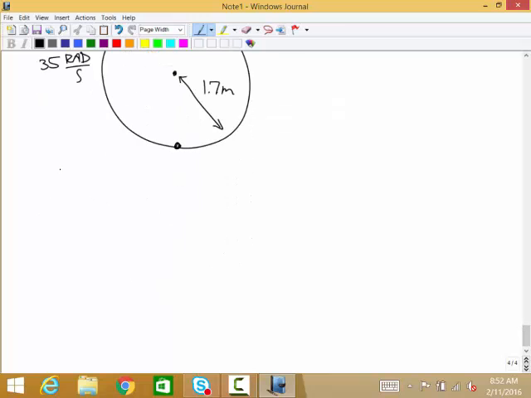So the velocity vector points this way. The magnitude is 1.7 times 35, which is 59.5 meters per second, pointing this direction.